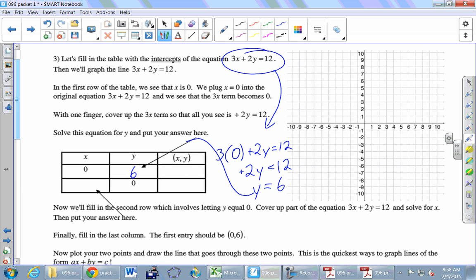Now we're going to play the same game, but we're not going to change x to 0. We're in the second row. We're going to change the y to 0. So if we change the y to 0, copying everything, we get 3x plus 2 times 0, and it's still equal to 12.